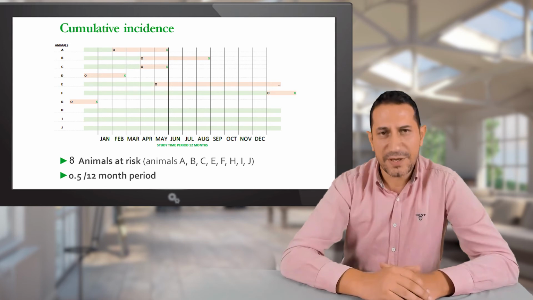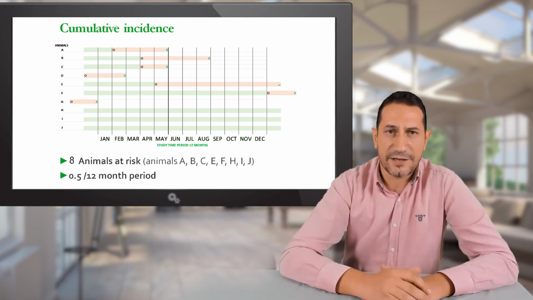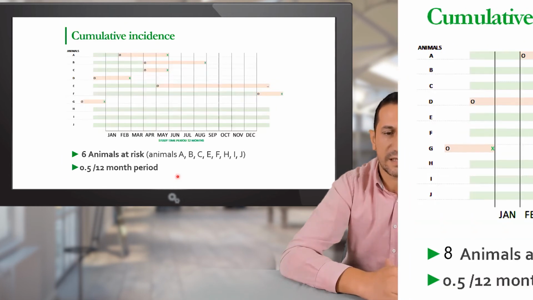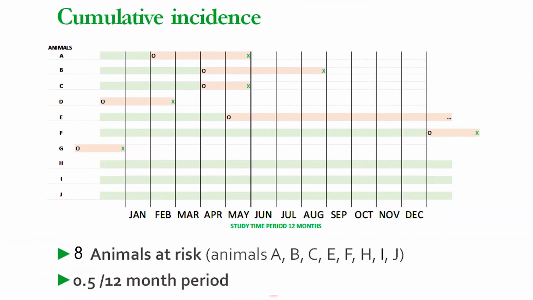When we check a bit the denominator, we see that we have 8 animals, and then it's the animal A, B, C, the D doesn't count. The E has a risk before, so it was at risk and then developed the disease. F as well.